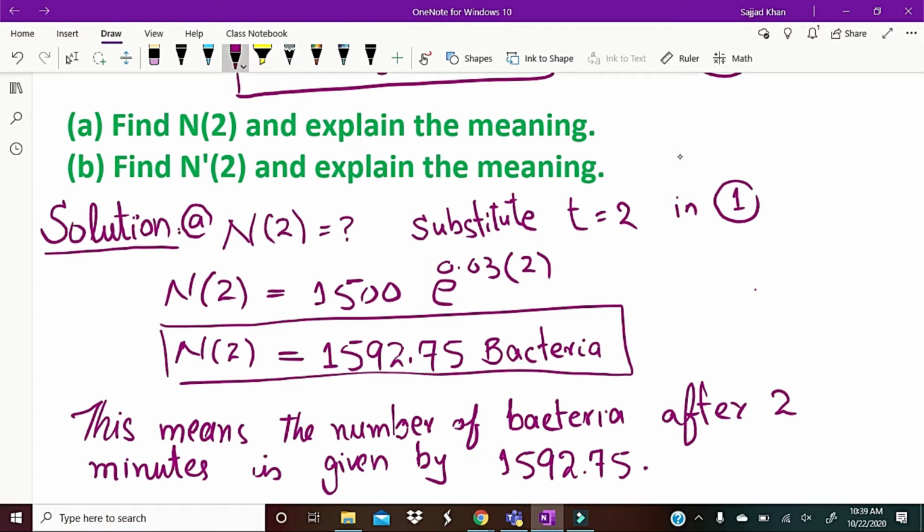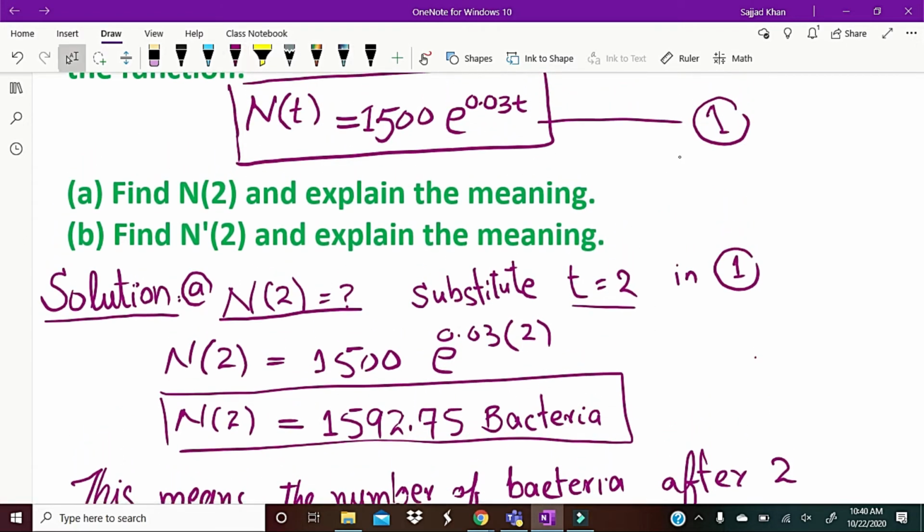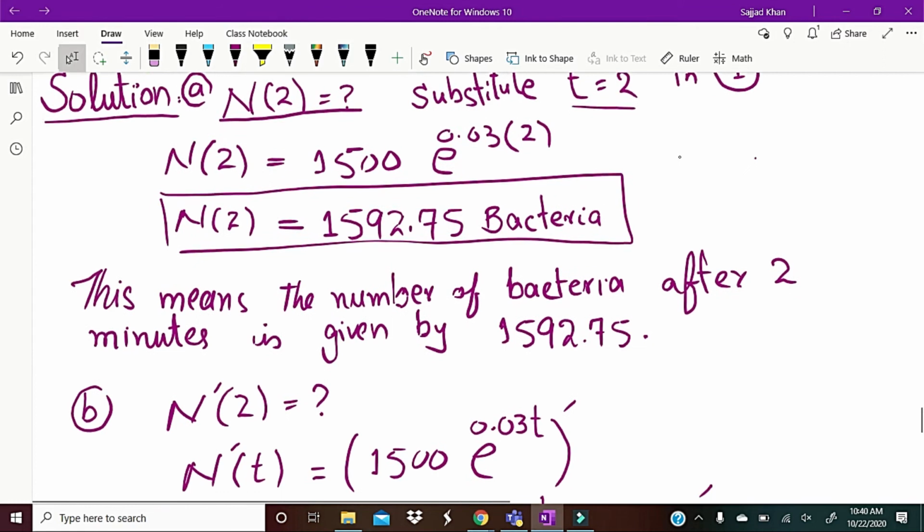The first thing is you need to find the value of N of 2, which means we substitute t equals 2 in our first equation, N of t equals 1500 e to the power 0.03t.